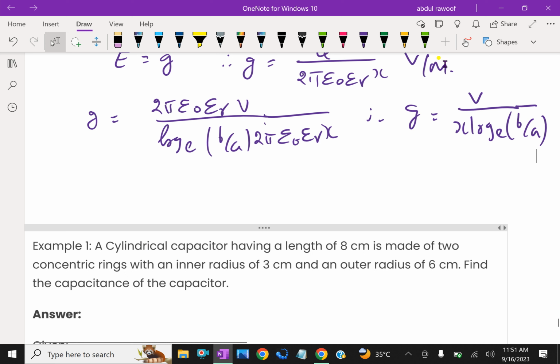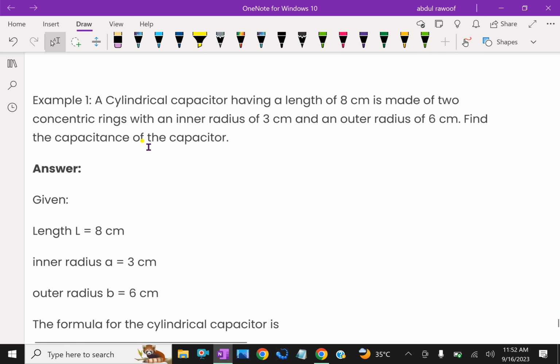Instead of log e, you can also write 2.3 log 10. This is the formula for potential gradient.